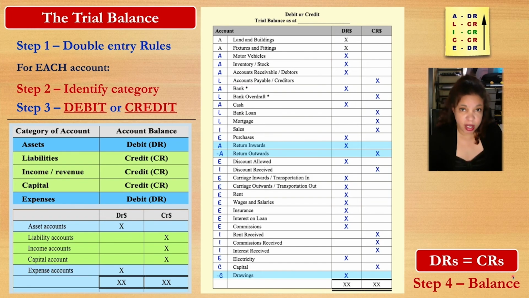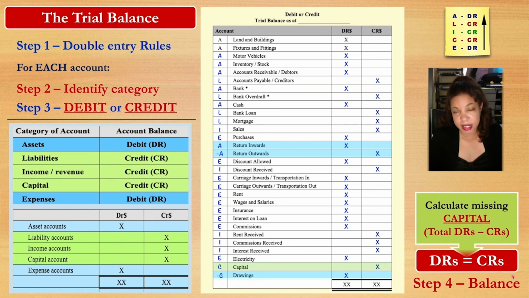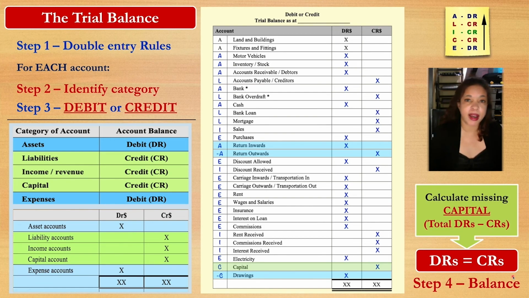If you do not have your capital balance, then you will just have to calculate that missing figure by total debits minus total credits. Then you just put your answer here, and that should make your credit column equal to your debit column.